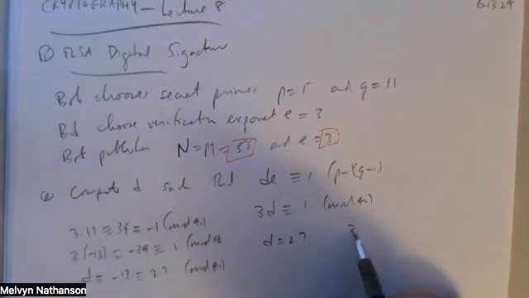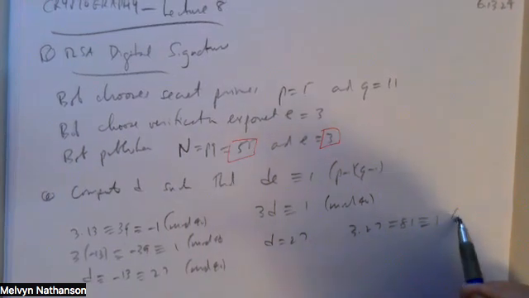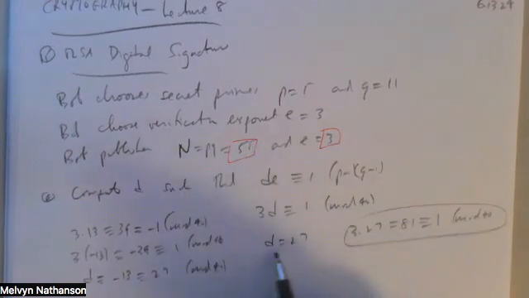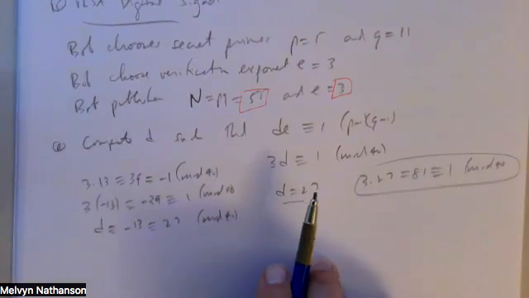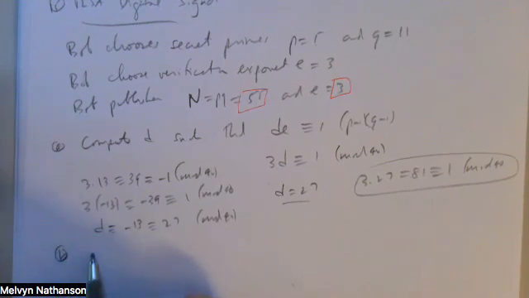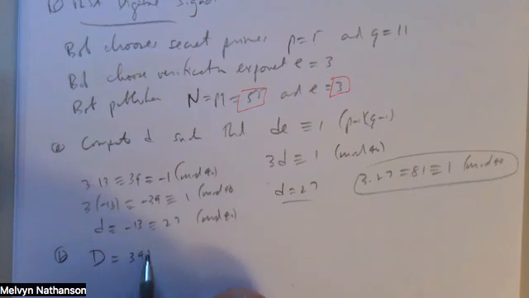And of course, you can check. 3 times 27 is 81, which is congruent to 1 mod 40. Okay, so that's d. And now you have a document D, which is the number 343.